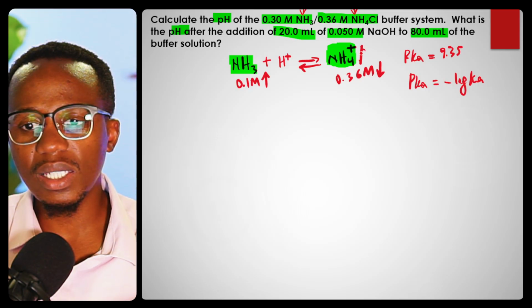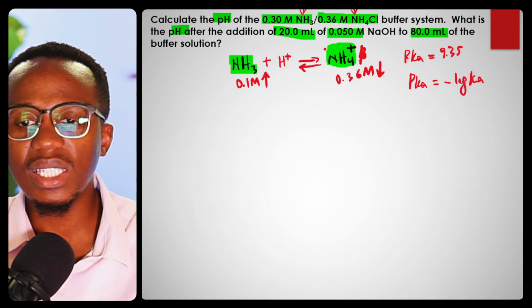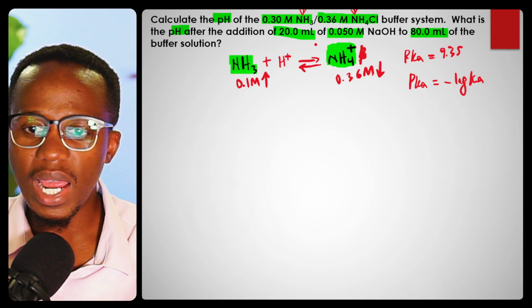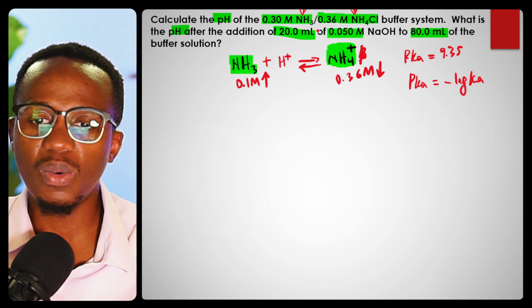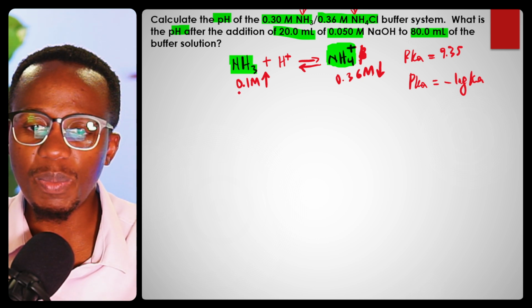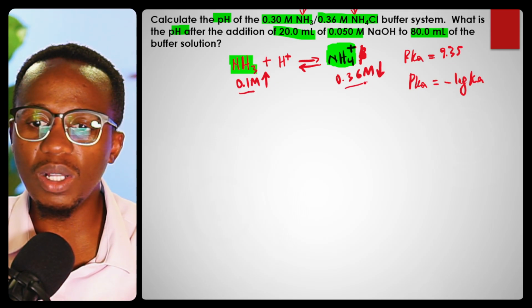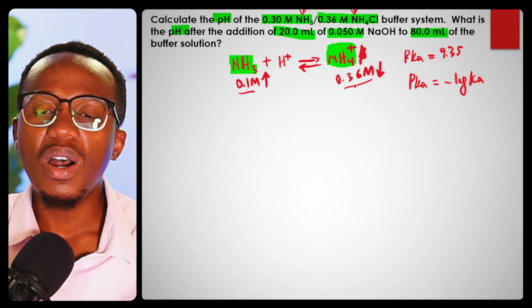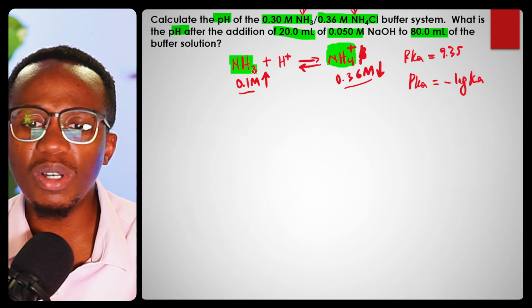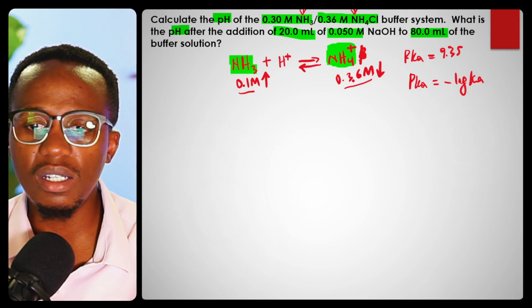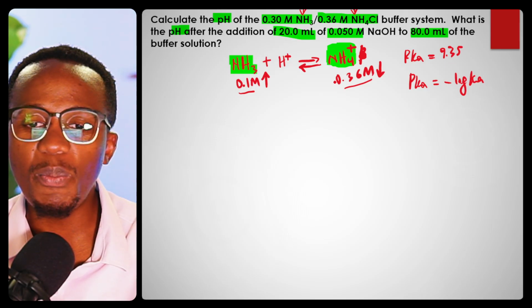And guess what? By how much is it going to go down? Because our task right now, we already calculated the pH with these molarities, right? So our task right now is, okay, how are these molarities going to change in order to get a new pH?